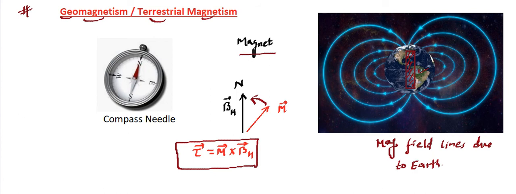Then a new thing came into the picture: Earth has a core inside, and that core is in a molten state, that is, in a liquid state. So some material inside the Earth is in a liquid state, and that liquid has free charged particles.